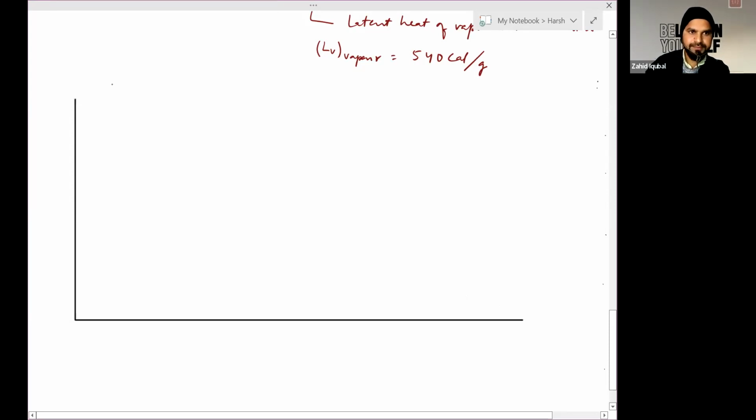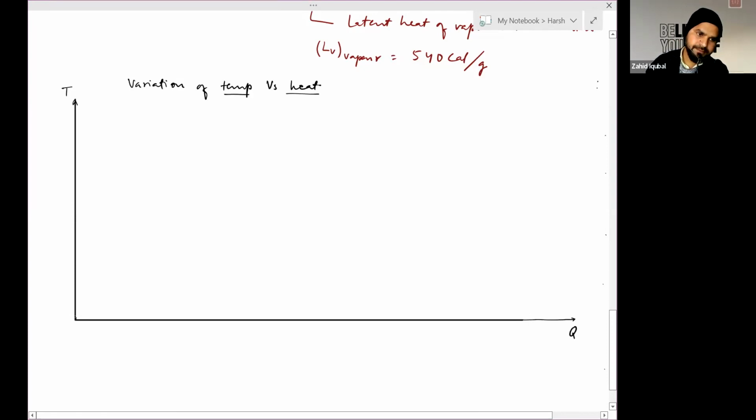This is the variation of temperature versus heat in case of water, ice, and vapor. Let's say this is temperature and this is the amount of heat being supplied to it.